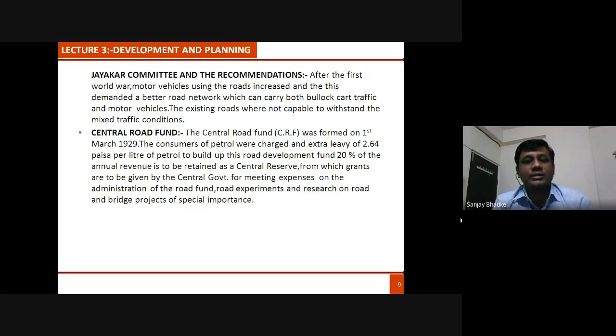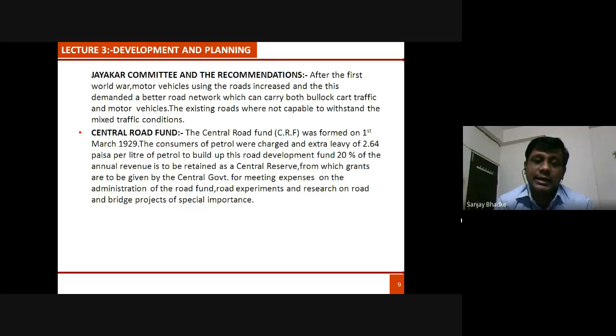When you are going to construct something, you require funds. Then how to collect the fund? It was decided by the government of India that by selling petrol, we can generate funds. We know that petrol is a major product, taken by many people.